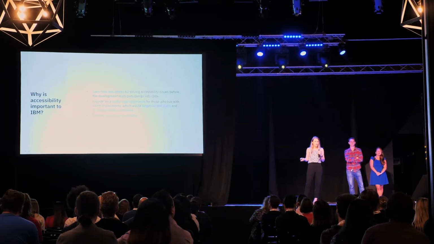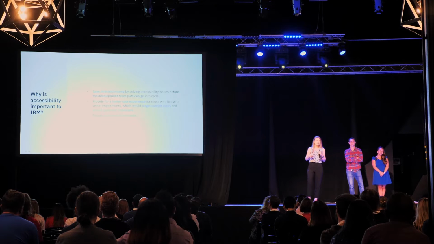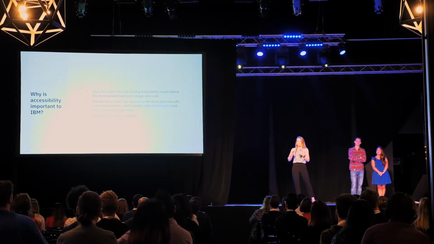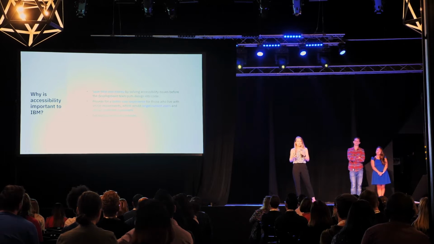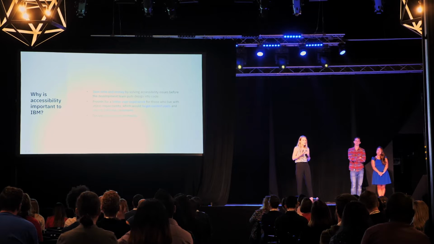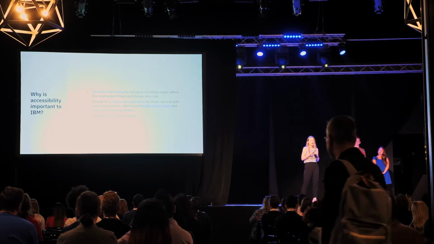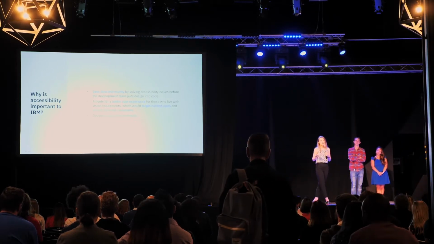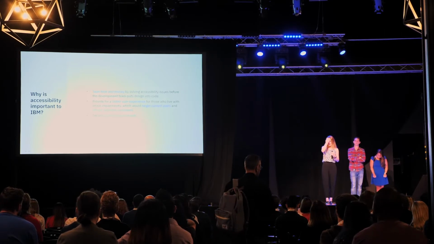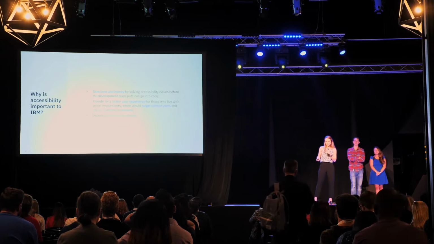Accessibility is really important to IBM, and there are several reasons for that. A couple are basic business sense reasons. Making sure that we comply with accessibility guidelines saves us time and money in our design and development process, because we're not having to go back and redo things in order to meet those needs.